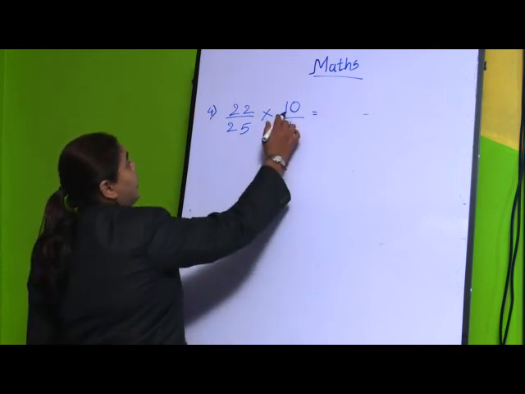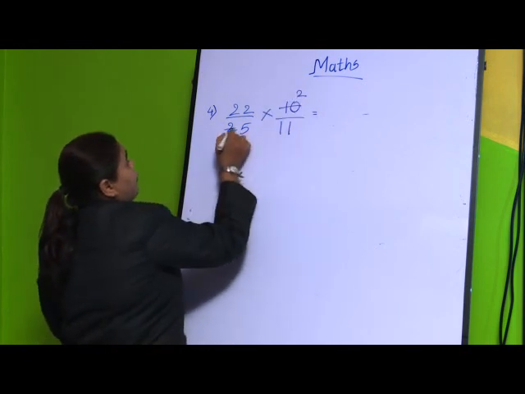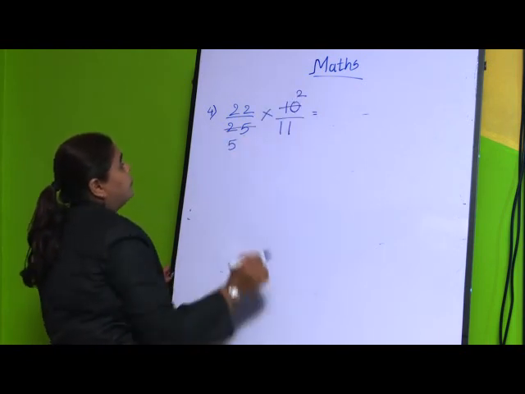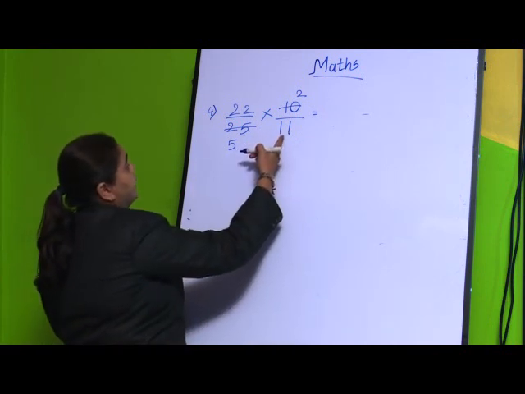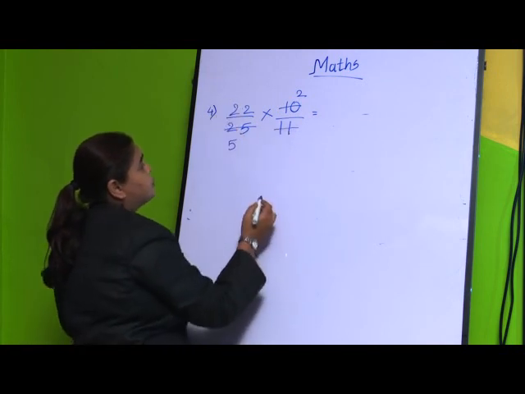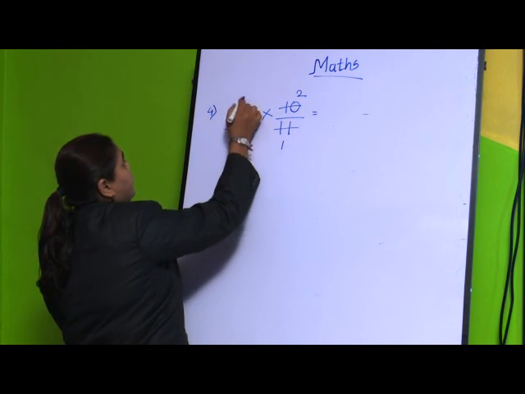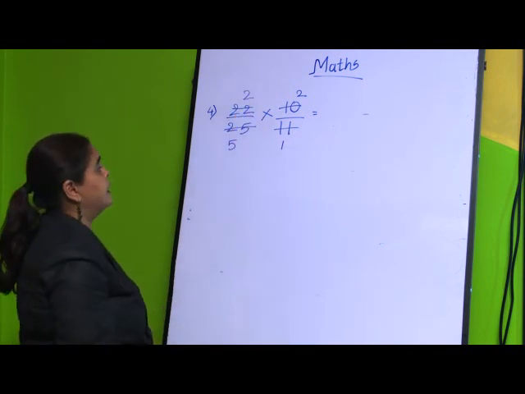So we will divide by 5: 5 2s are 10, 5 5s are 25. Yes, here also it is possible: 11 ones are 11, 11 2s are 22. So my dear students, you should know the tables. It will be very easy to reduce and you can find your answer as early as possible.